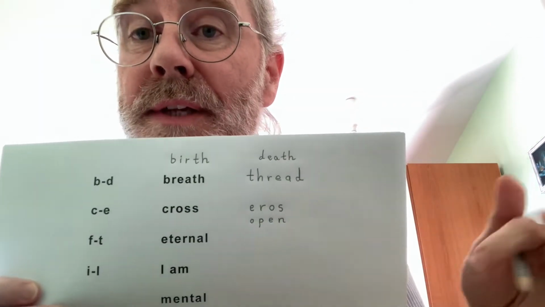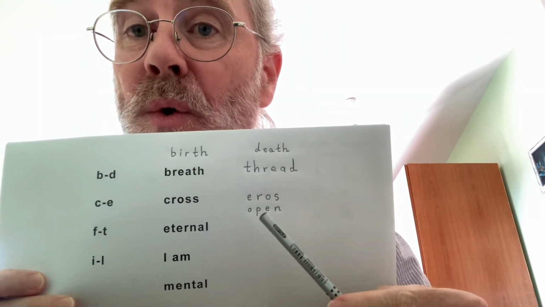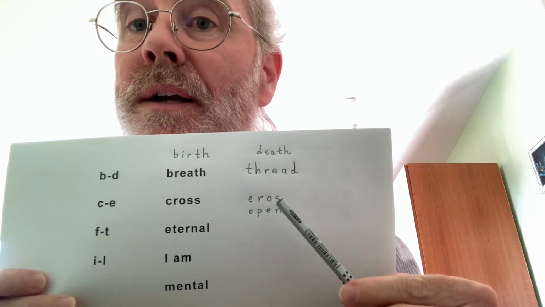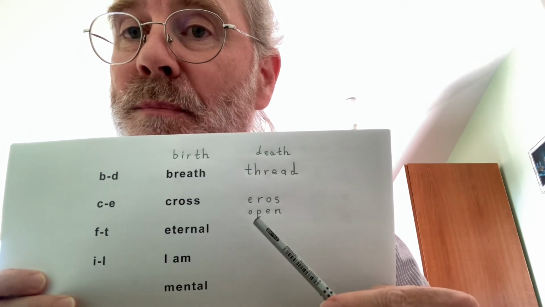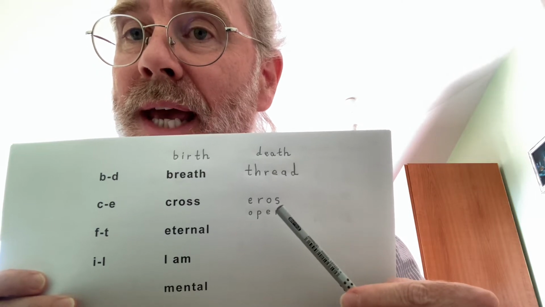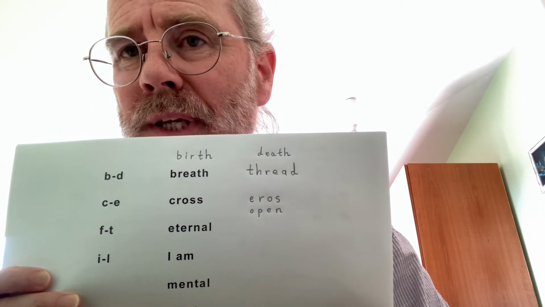And in fact, there is a very strong connection between eros and open, using the order of letters in the alphabet. You will see that the vowels are the same, and you go N, O, P, Q, R, S, N, P, R, S, omitting the vowel O and the redundant letter Q. Eros involves being open.